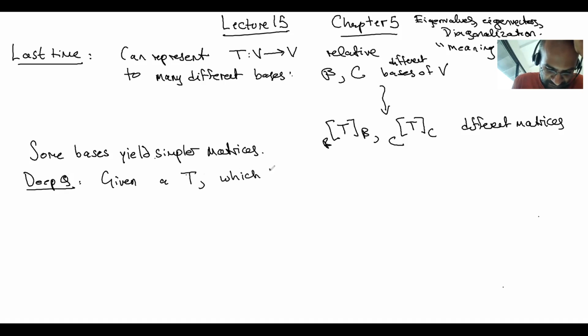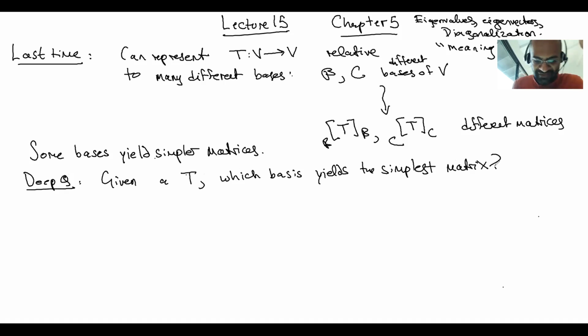So which basis yields the simplest matrix? Basis conceptually is like a frame of reference or a perspective. And we're saying you can look at this object from many different perspectives. Which perspective gives you the clearest description? And I wrote that this is a deep question. So to see how deep it is, let me show you a clip.